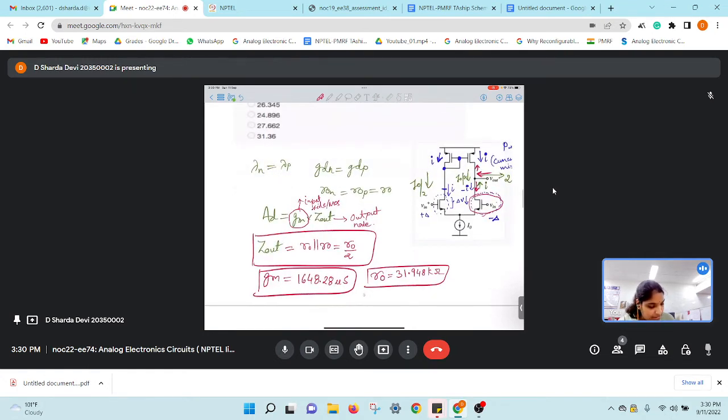So AD is simply GM into R naught by 2. That is 1648.28 microsiemens multiplied by 31.948 by 2 kiloohms. So how much is this?